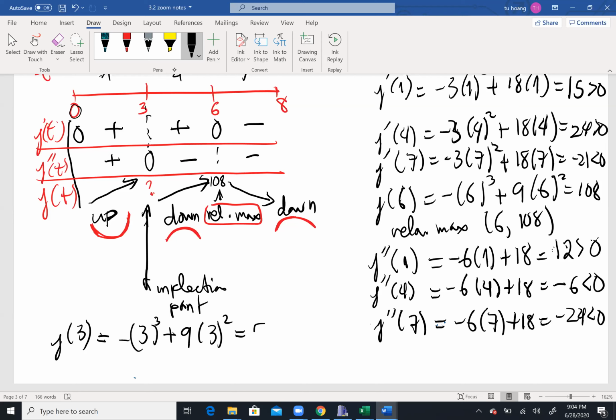That's going to give me 54. So the inflection point in here is 3,54.